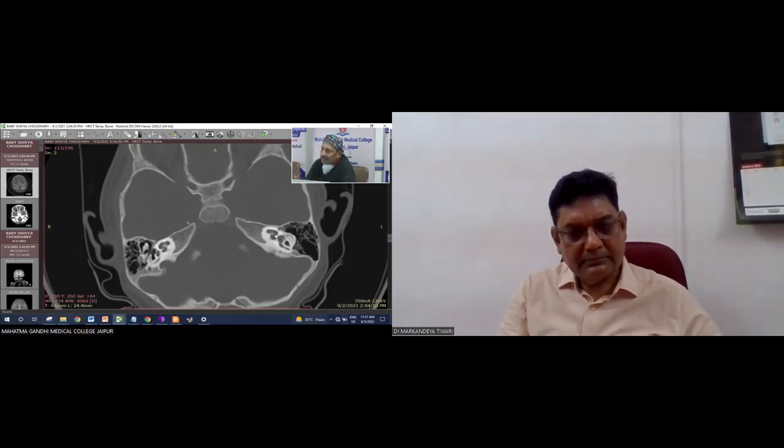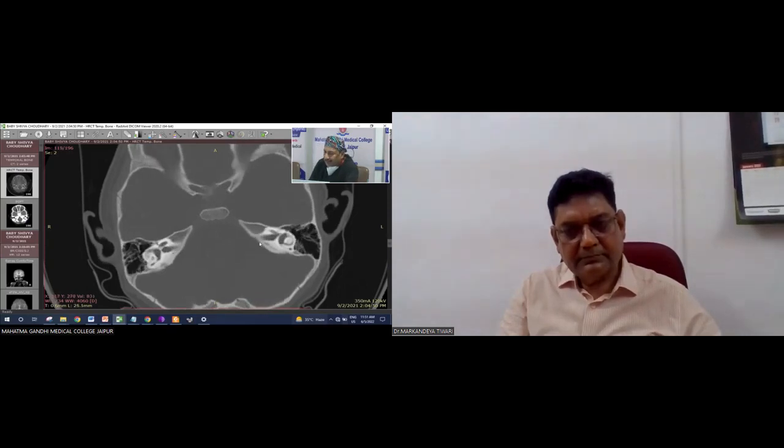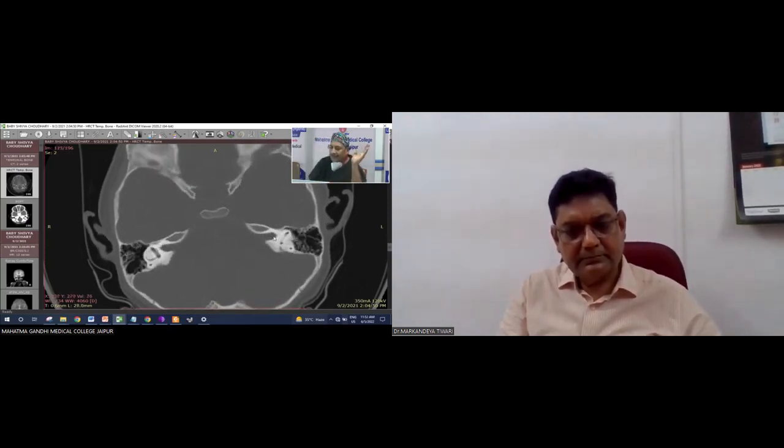No single case of gusher has been attributed so far to an abnormal cochlear aqueduct. That's a misbelief. It has been studied as one of the potential sources of gusher in cochlear implant surgery or stapes surgery, but the role of the cochlear aqueduct is different altogether.